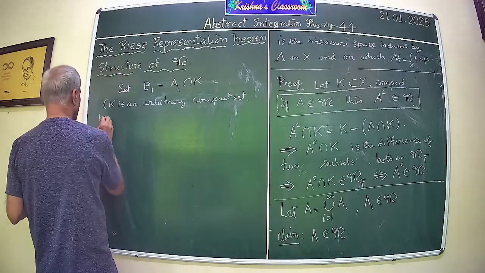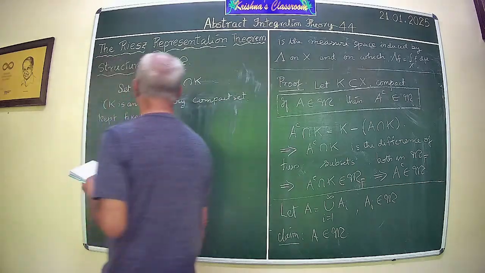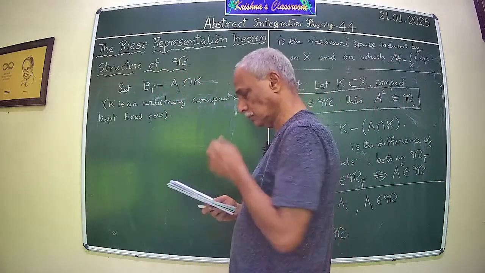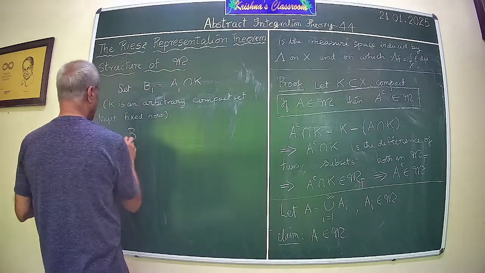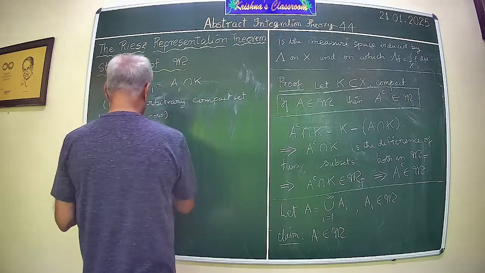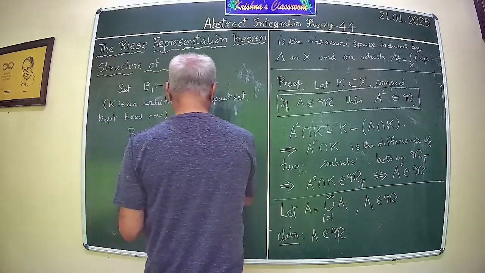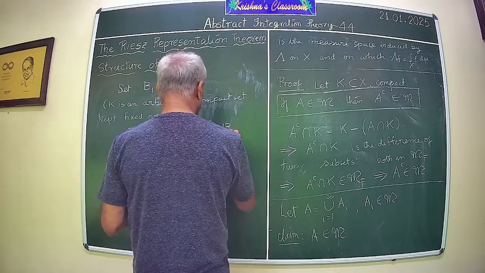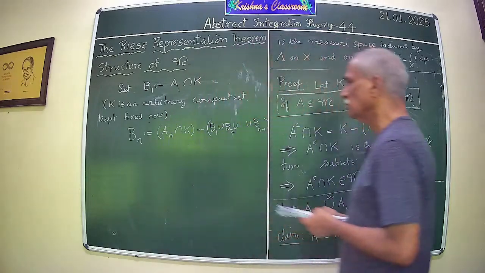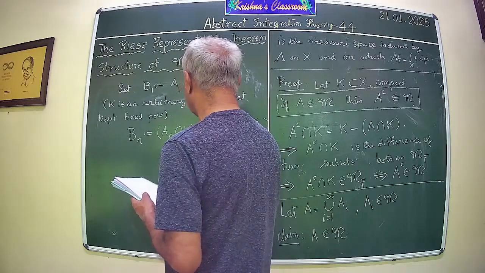Then define Bn as An intersection K minus the earlier sets, for all values n equal to 2, 3, and so on.